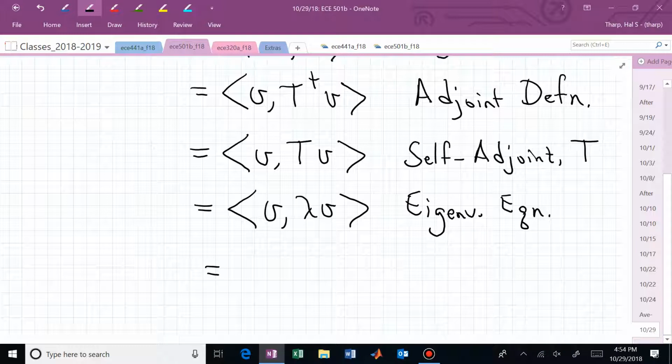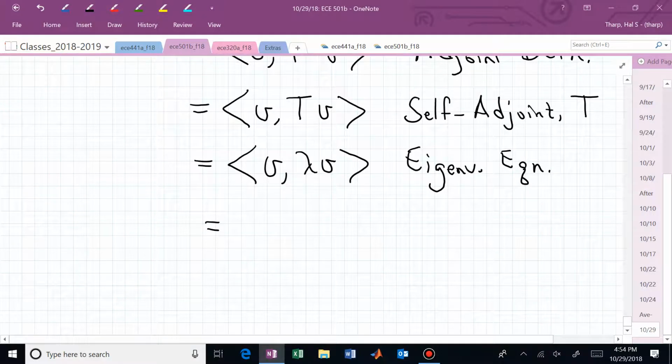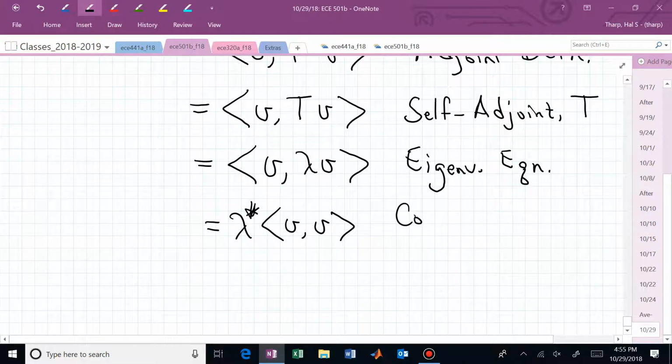No, I have nothing yet, but I do have a scalar in the second slot, and I can slide that outside the inner product. And if I do, now I have lambda star inner product of v and v. Or this is really just using the conjugate homogeneity of the second slot.